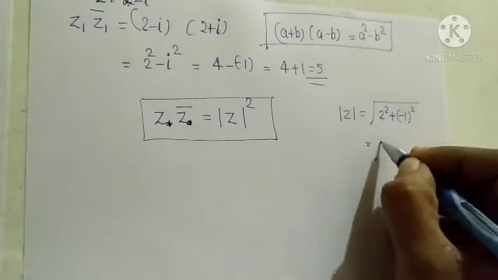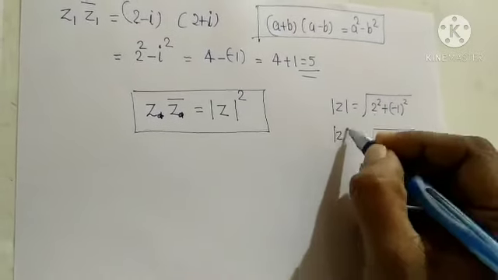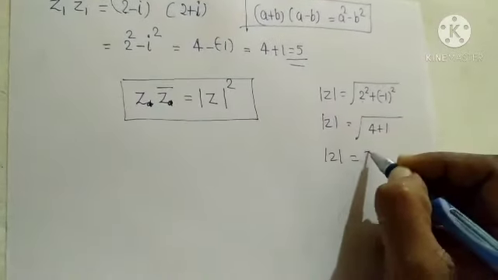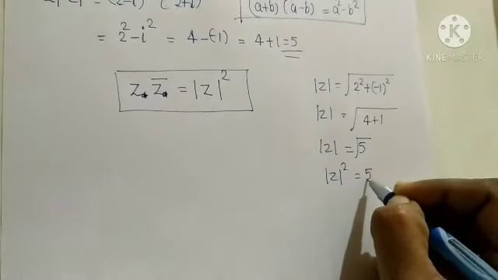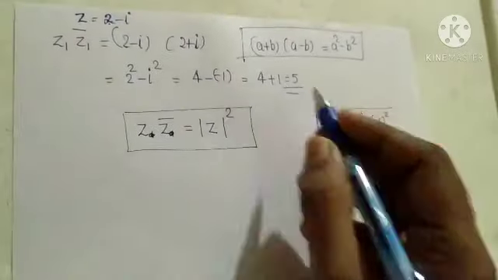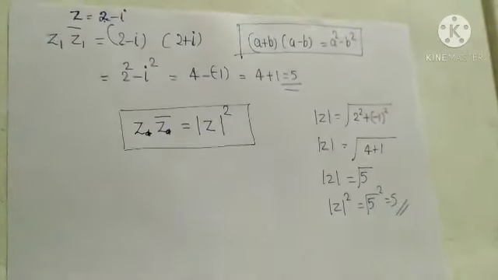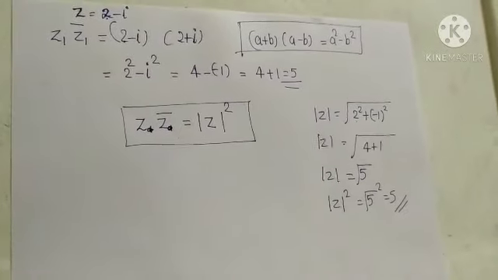So it will become 2 square 4 plus minus 1 square is 1. Mod z equal to root 5. So mod z all square is equal to root 5 square equal to 5. So this is same as that of this answer. So this is an important formula. z into z bar is equal to mod z square.